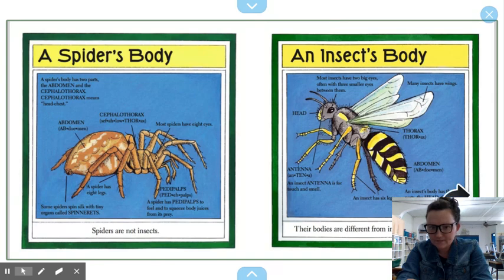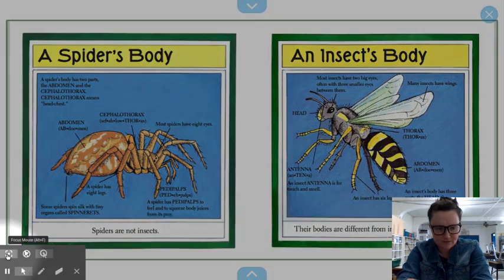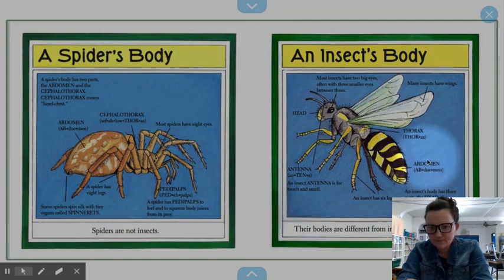Thorax. Abdomen. An insect has 6 legs. Let me get my focus mouse on here. An insect's body has 3 parts: the head, the thorax, and the abdomen, while the spider only has 2 parts. Many insects have wings. Okay. All right.